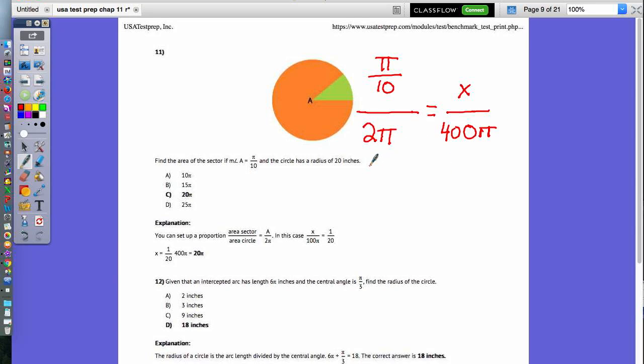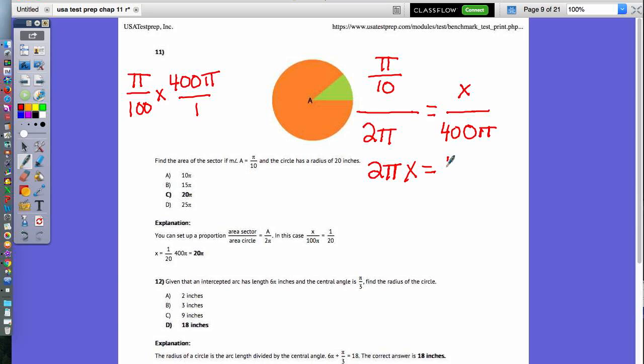So when I cross multiply, 2 pi times the area equals, I'm multiplying the fraction pi over 100 times 400 pi over 1, because this is a whole number, so it's like a fraction with a denominator of 1.